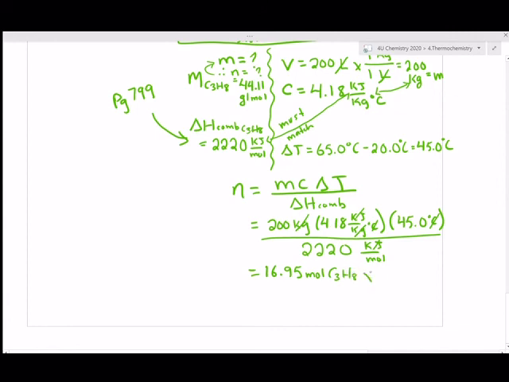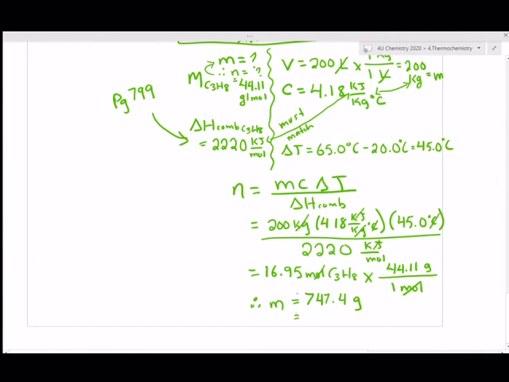And then we already figured out the molar mass so that we would be able to get it into grams, or kilograms, or no, it's going to be in grams. So 44.11 grams. Moles are going to cancel. And mass is going to end up being 747.4 grams.